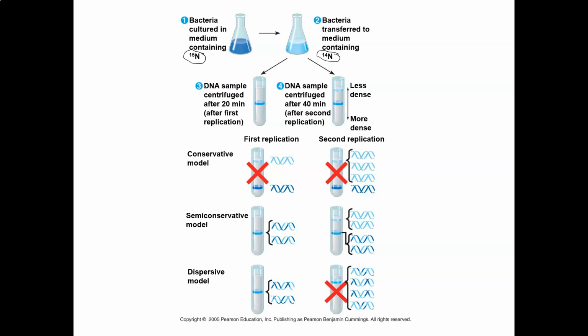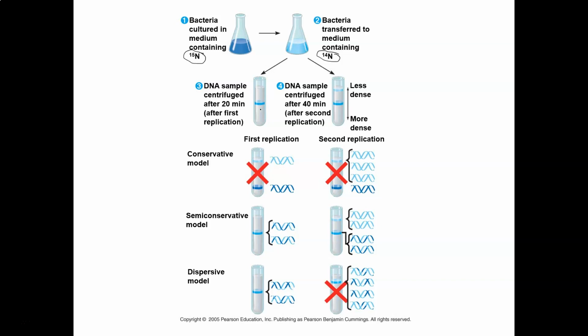So they knew that the bacteria replicate every 20 minutes. So after the first 20 minutes, they took a sample, took the DNA, and put it in a centrifuge, and then they looked at where they saw the DNA.